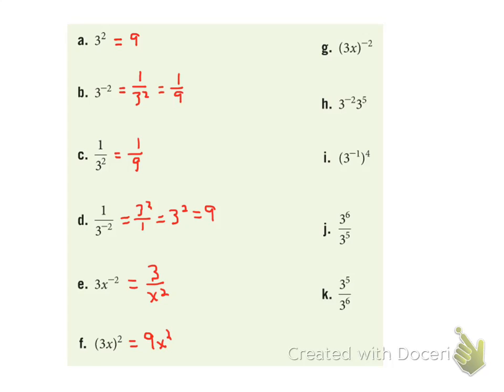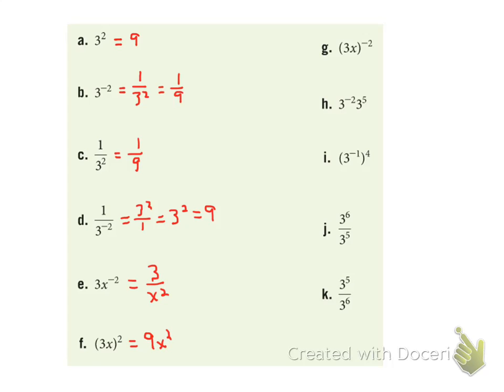How about letter G? Alexis? I didn't do this one because I didn't know. Would it be 9x? We can't raise to a power yet because of the negative. Now there's a couple ways you could start it.